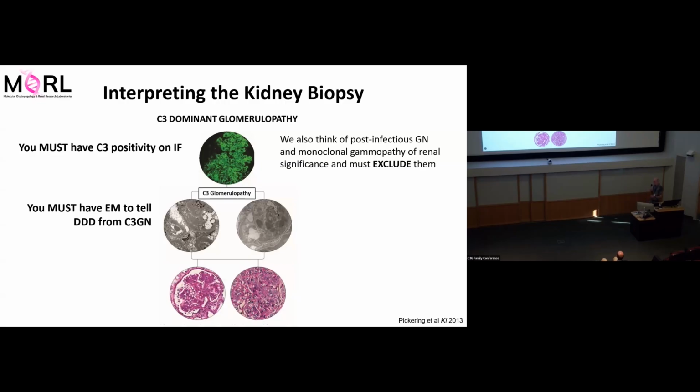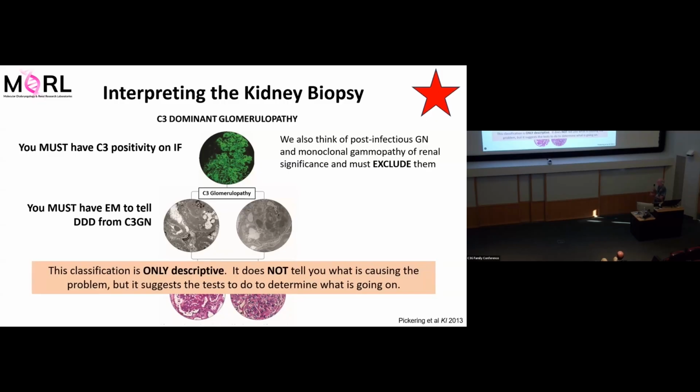So C3G and post-infectious and monoclonal gammopathy of renal significance all look the same on biopsy. The biopsy is a descriptive biopsy. It doesn't tell you what is causing the problem, but it tells the nephrologist what line of investigation to follow.